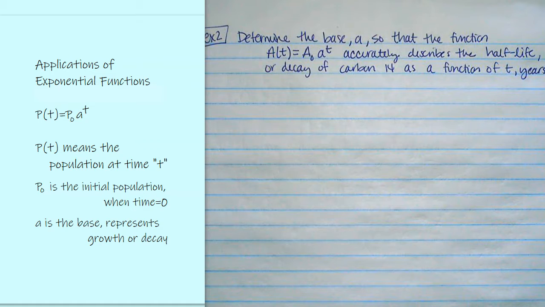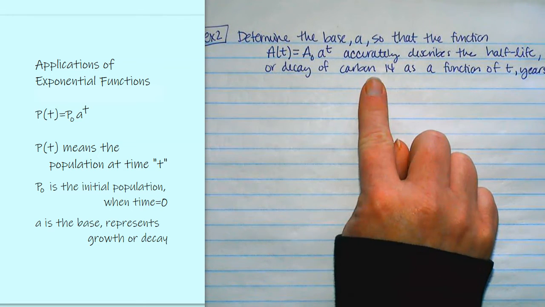So after a period of this many years, and this changes depending on the substance it absorbs, that material will decay into other elements over time. So carbon-14 dating, which is what we're going to do in this problem, we're doing the decay of carbon-14.